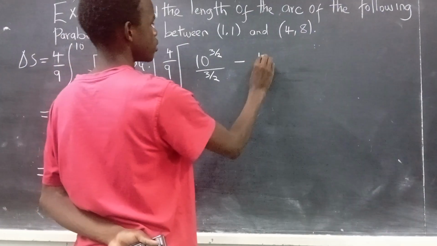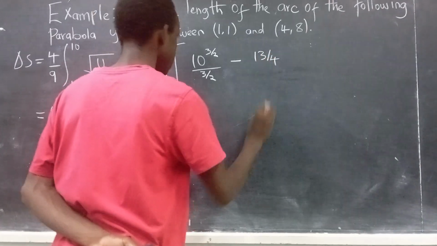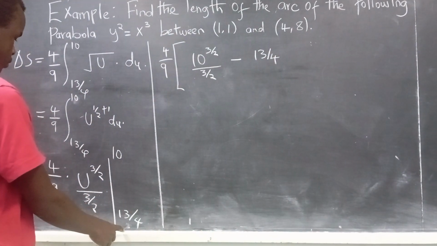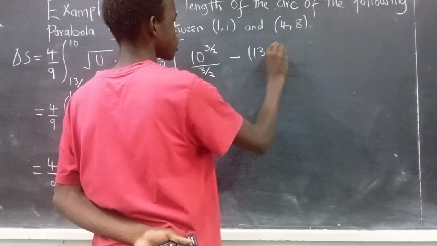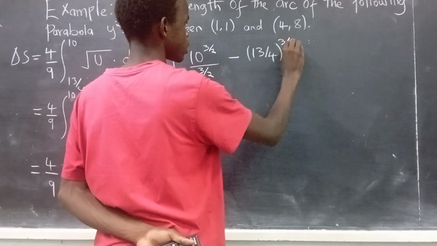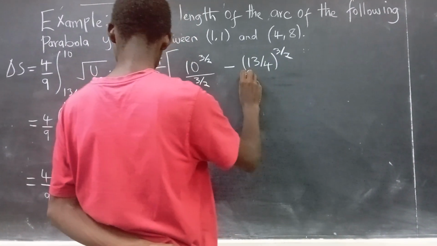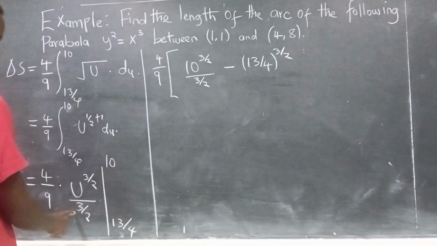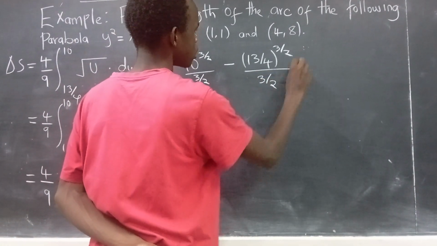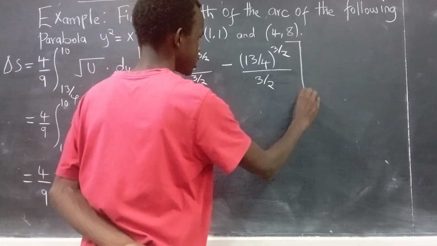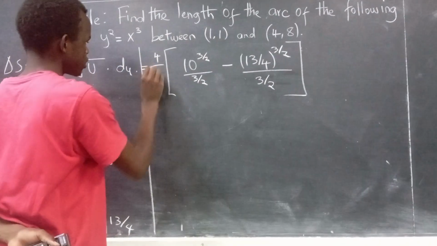My u is 13/4. Now this 13/4 is being raised to 3/2, and again I'll divide that by 3/2. That's my supposed answer, but I'll continue with further simplification.